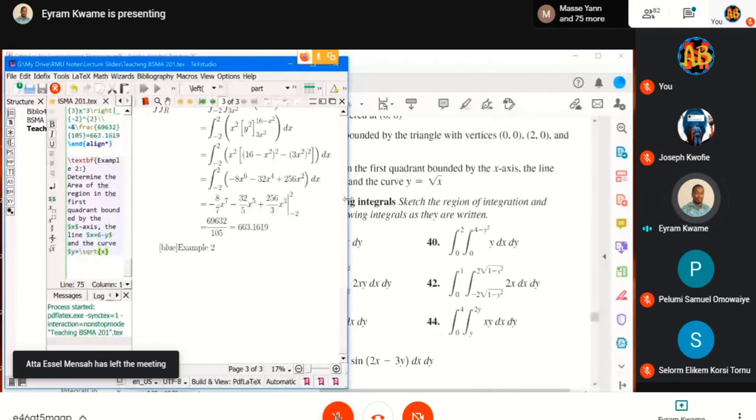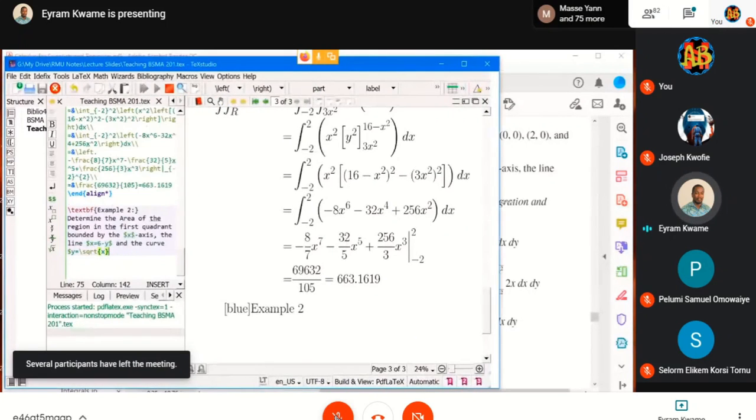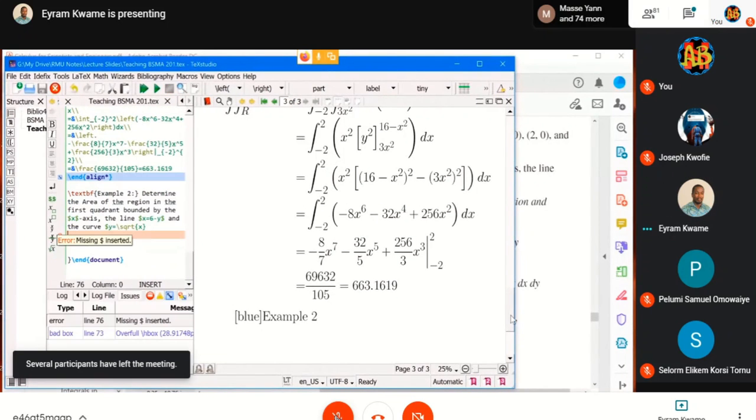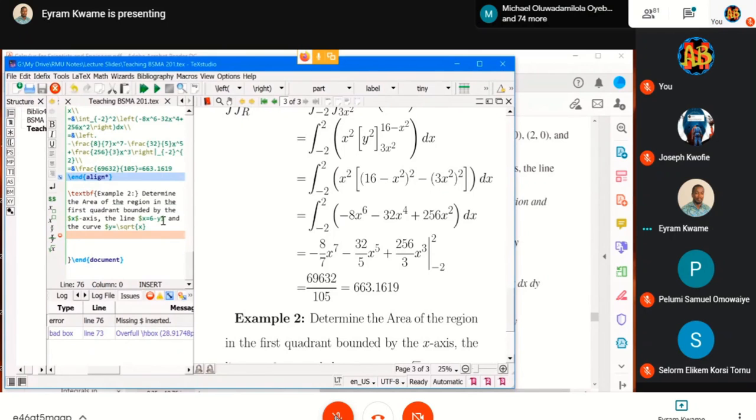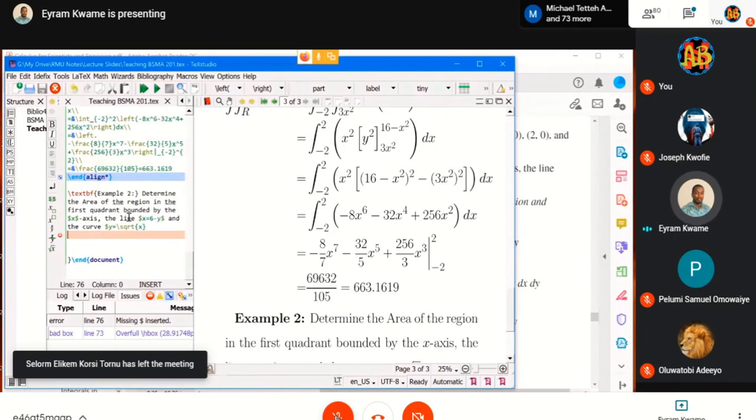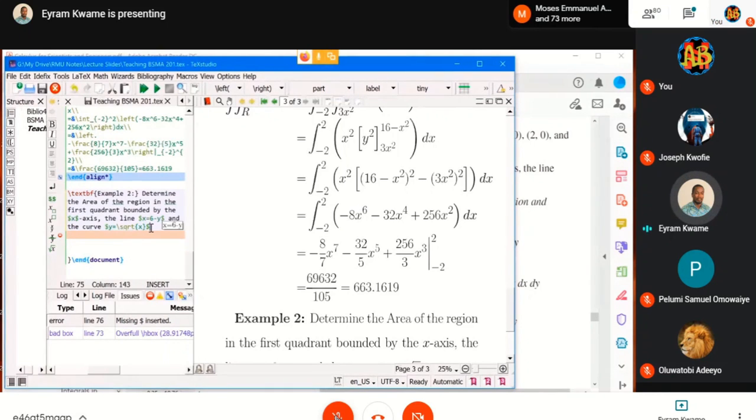Okay, so let's look at this and see how we can think through this. Determine the area of the region in the first quadrant bounded by the x-axis, the line, and the curve. Oh yeah, I didn't end my equations.